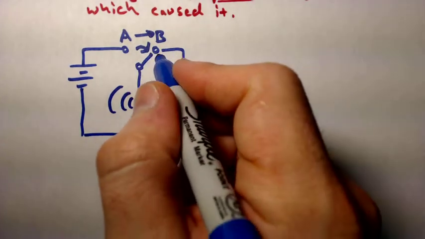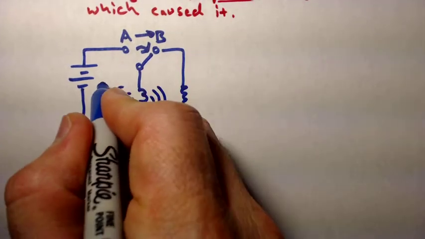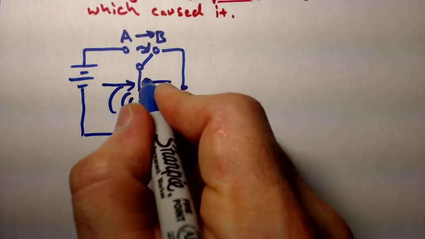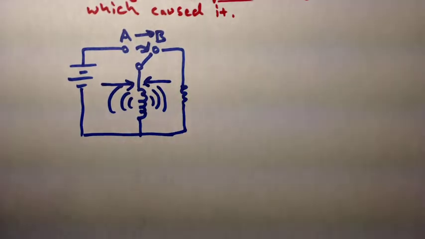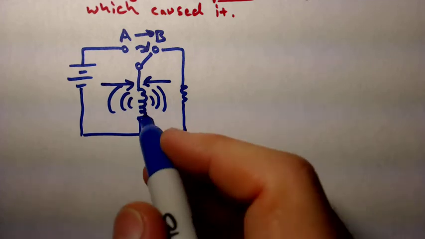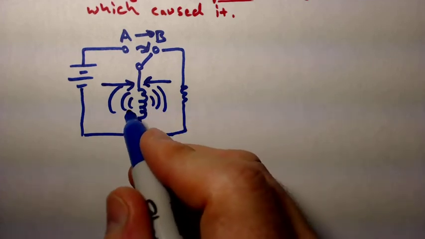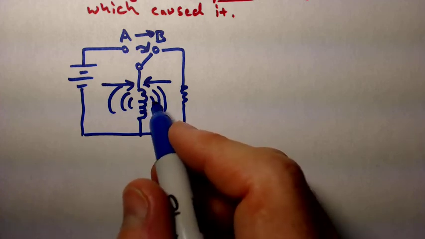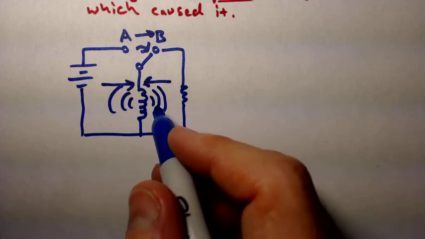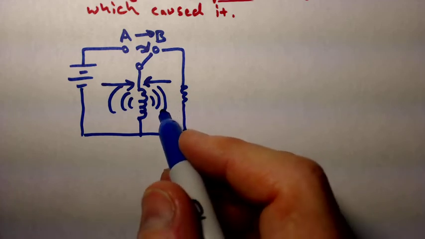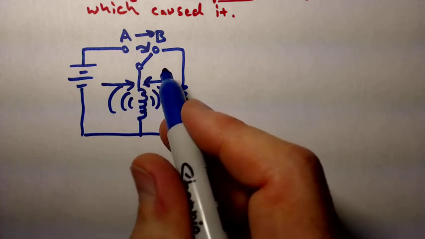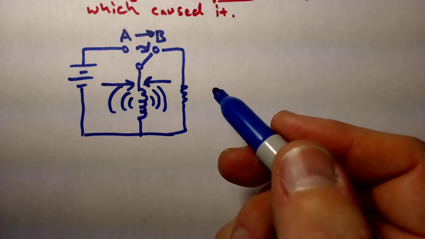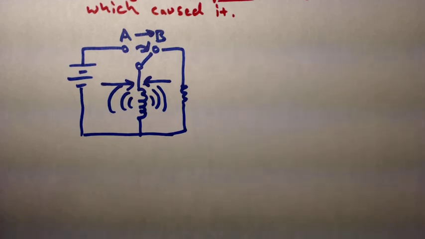Well, once we move it to B, we're going to get a collapsing magnetic field. Now, again, we have a collapsing magnetic field. That collapsing magnetic field is going to, again, create a temporary battery that induces a voltage that gets applied to this resistor. So we can go ahead and graph this out yet again.